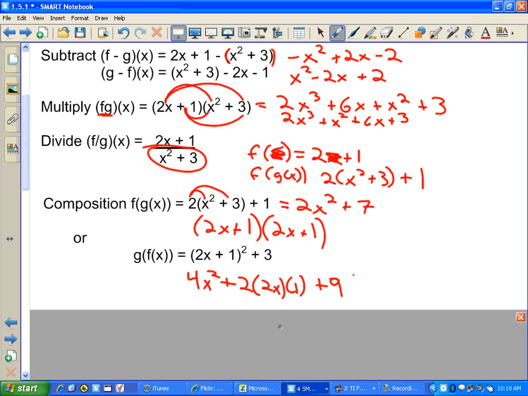Okay, so you'd end up with 4x squared plus 4x plus 9 plus this 3 that's hanging on the back. It makes it a 12. Oh wait, I squared the wrong thing, didn't I? There should be 1 plus the 3 is 4.